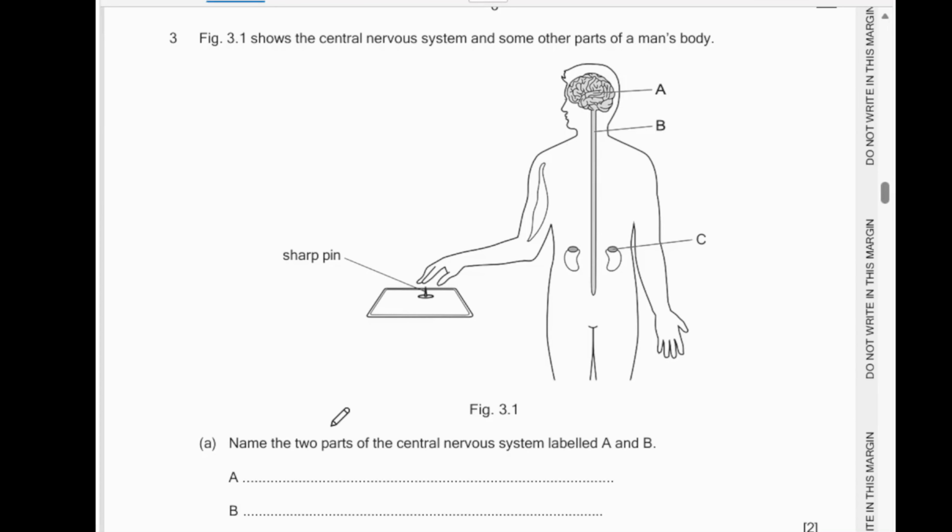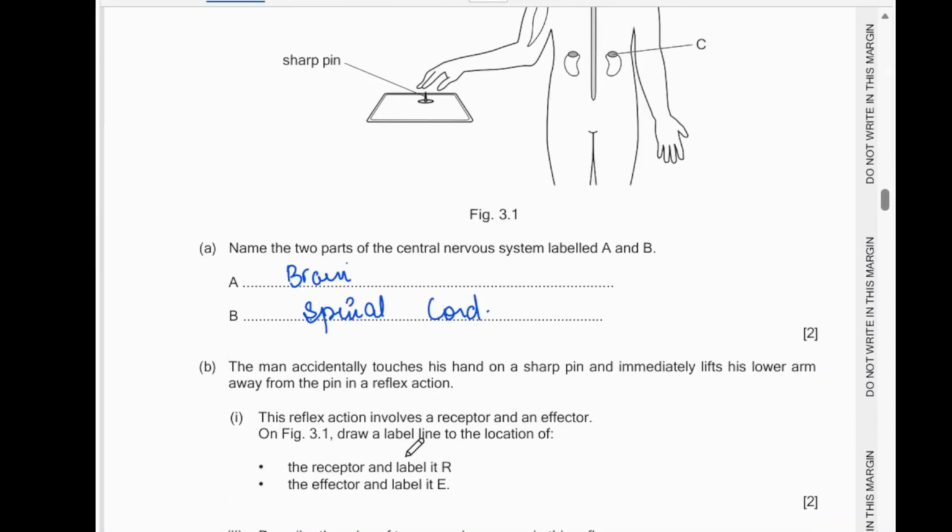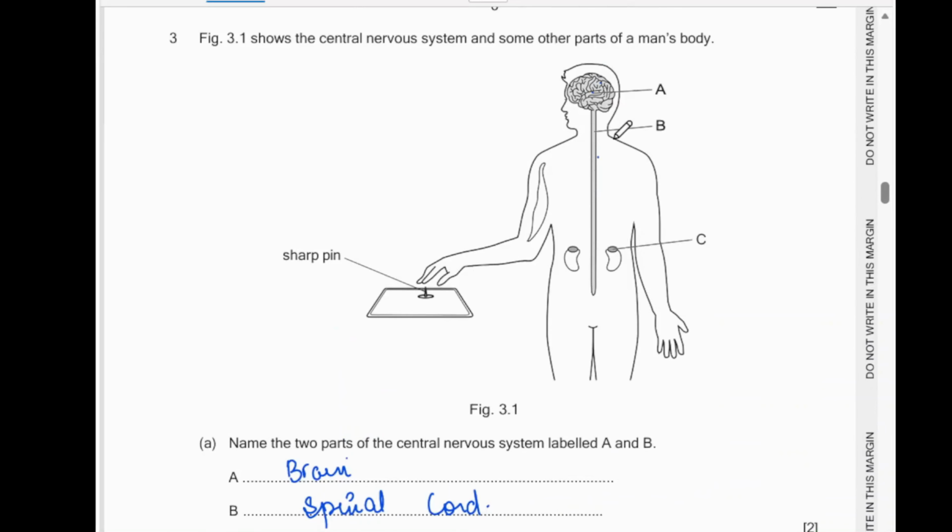Absent. Exactly. Name two parts of the central nervous system labeled A and B. What is A and what is B? Yes, and spinal cord.